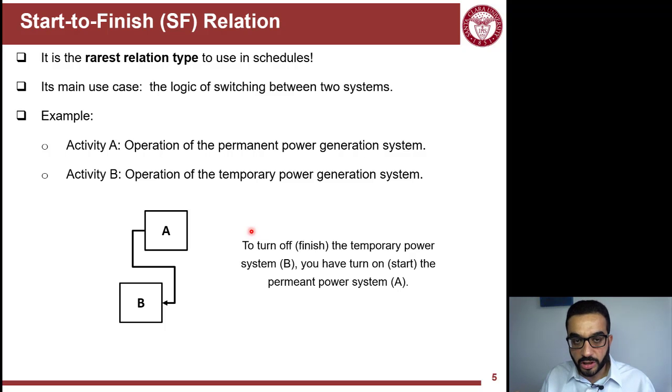In this case, you cannot turn off the first dewatering system until you start operating the second one that will keep the groundwater down. Otherwise, the excavation pit will be drowned in groundwater. So it's a very rare case to use start to finish.